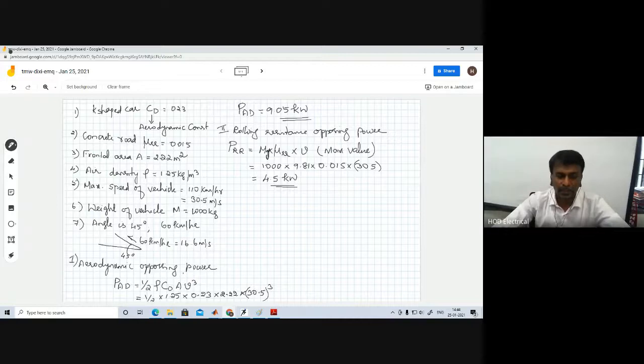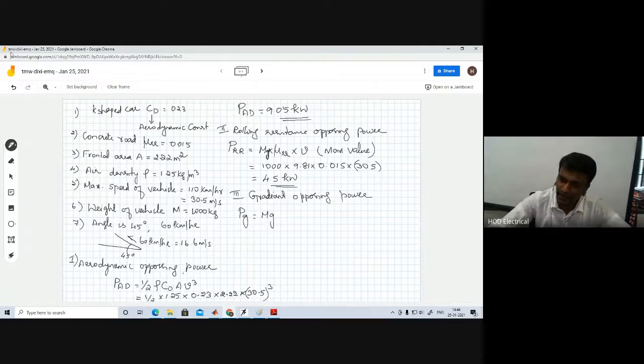Then the third one, the gradient opposing power. The gradient opposing power P_G is m g sine theta into velocity. So we have mass 1000 into 9.81.